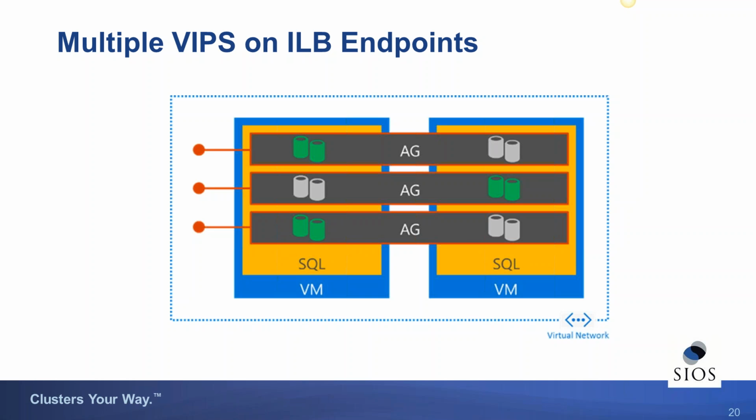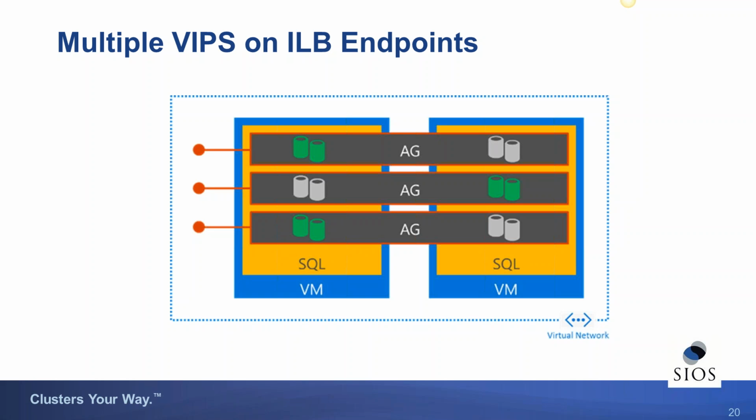Well, in Azure, you can't communicate directly with that IP address because your traffic doesn't route directly to it. So what you have to do instead is create an internal load balancer, and the clients connect to the load balancer, which then redirects the traffic to the internal address of whichever node is online.